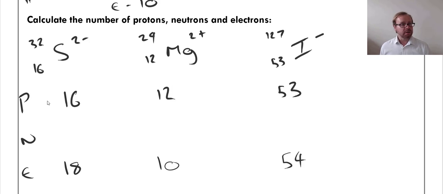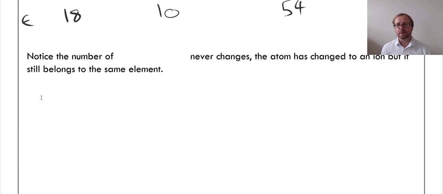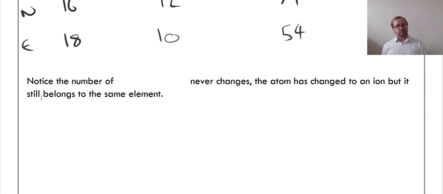Work out our neutrons. So 32 minus 16 is 16, 24 minus 12 is 12, and 127 minus 53 is 74. You can use a calculator if you need to for that one. Okay, moving on. See if you can fill this out. So have a quick think about it.